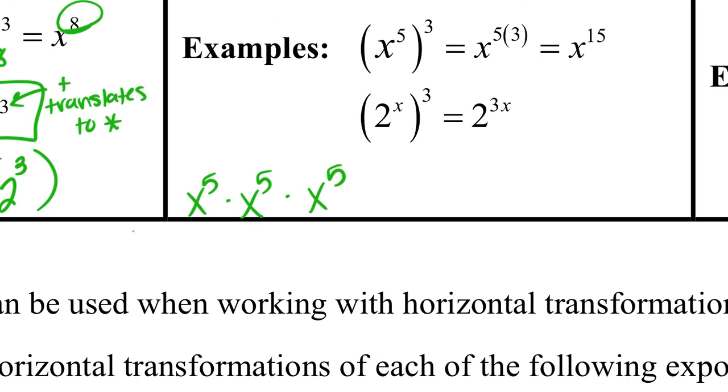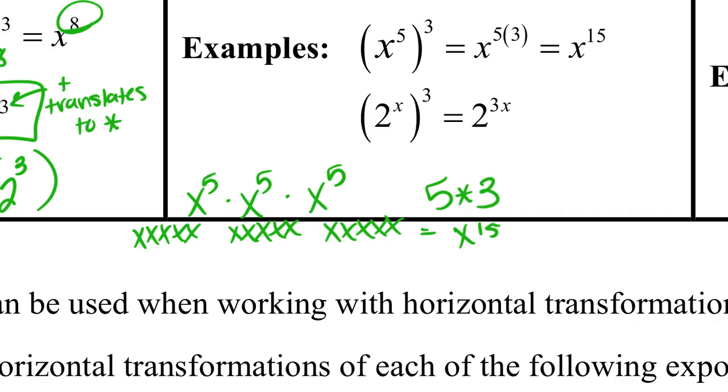That would be 1, 2, 3, 4, 5 x's here, 5 x's here, 5 x's there. If I counted all of them up, I would end up with 15, the same way that 5 times 3 is equal to 15.